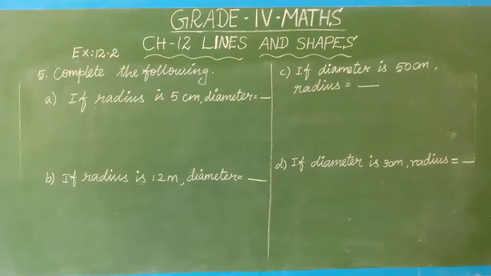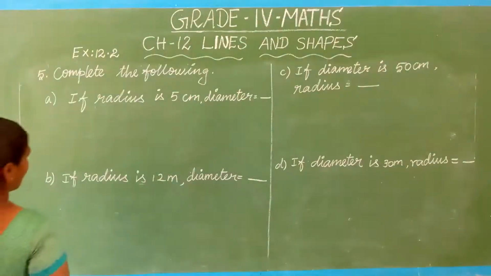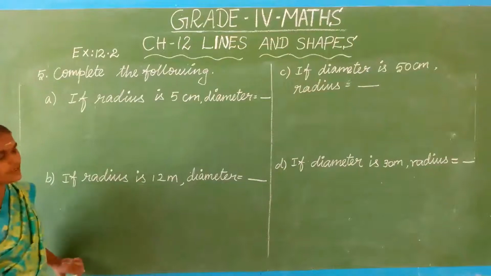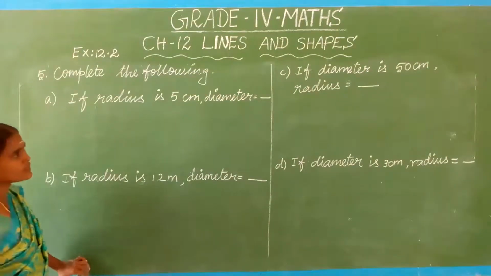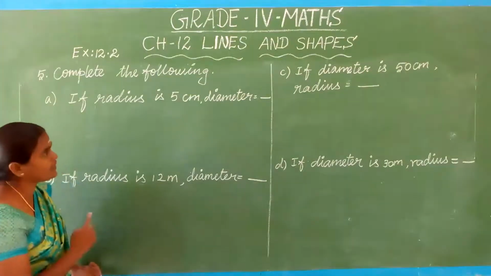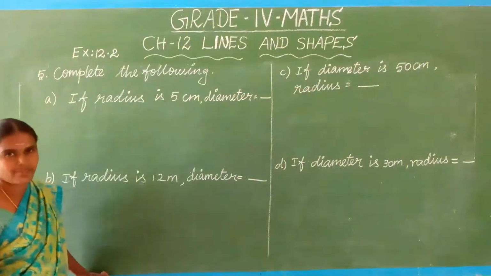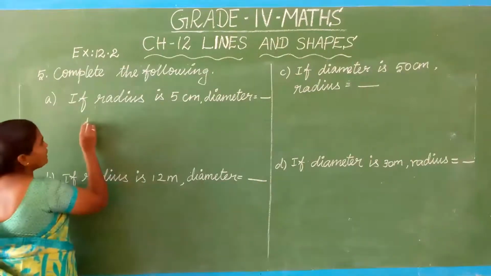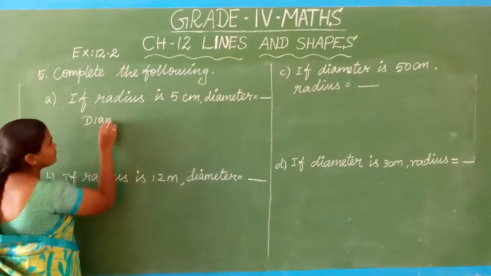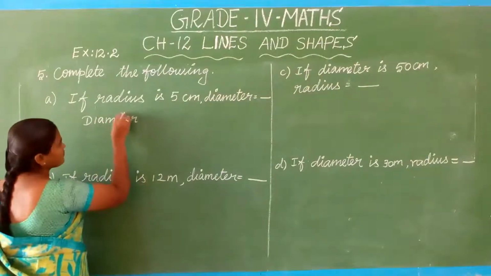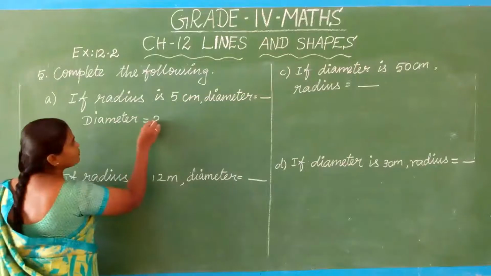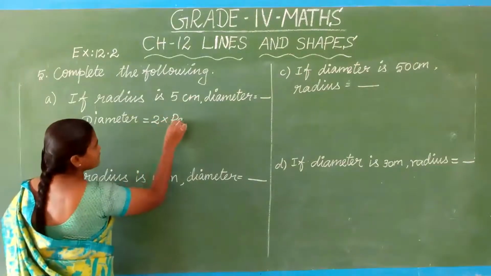So fifth one, complete the following. A question, if radius is 5 centimeter, what is the diameter? Here given radius, asking diameter. So what is the formula? Diameter equal to 2 into radius.